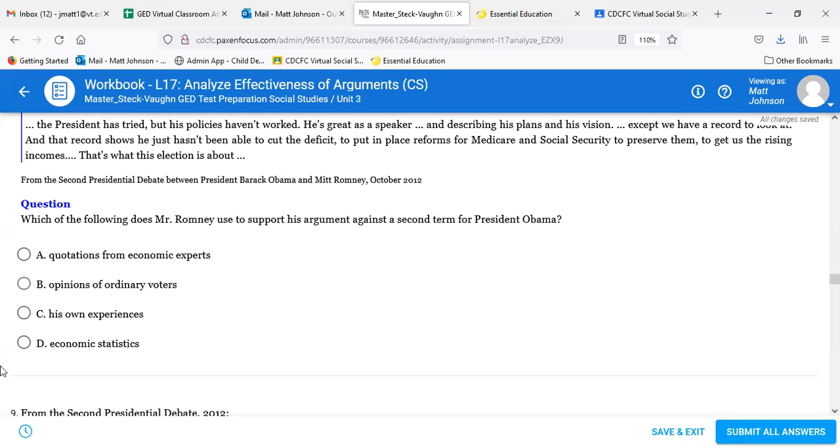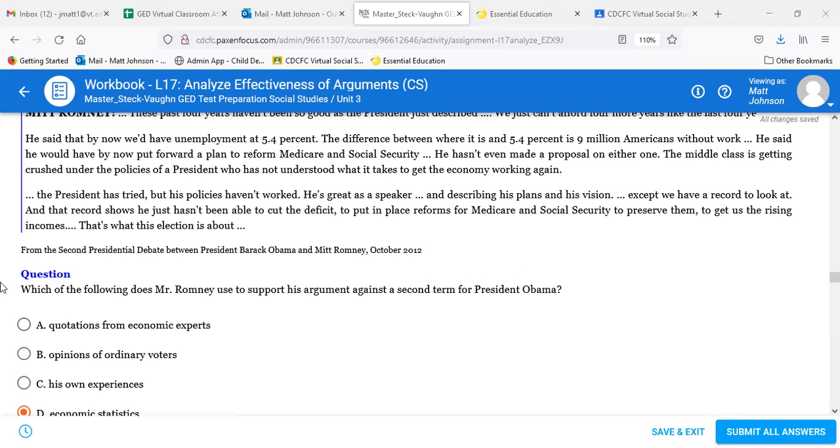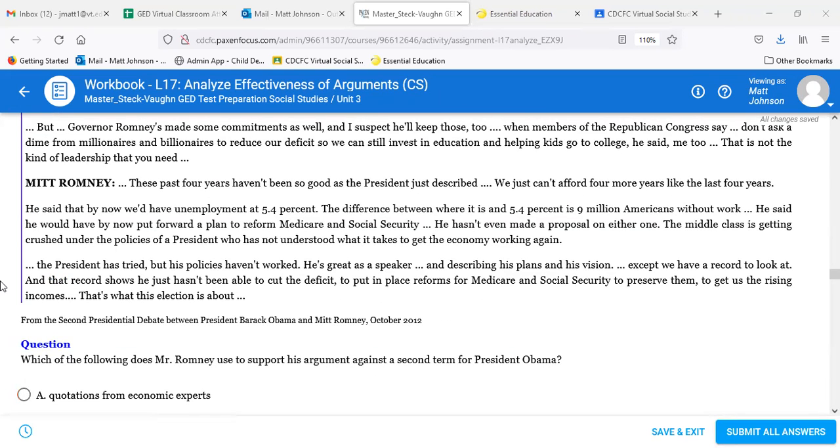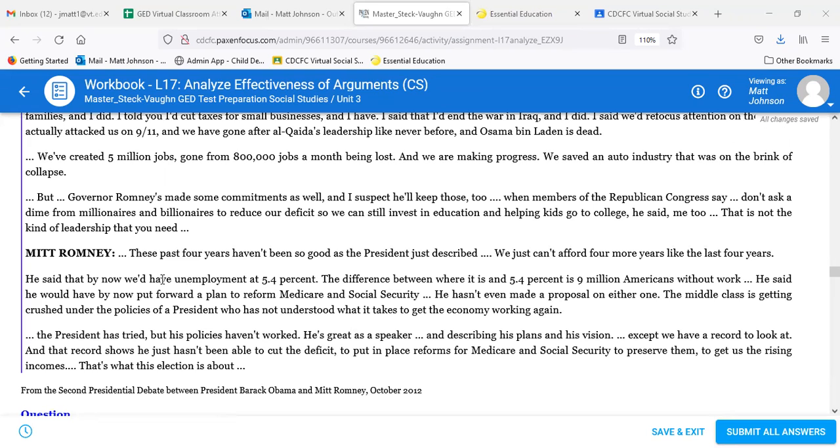D. Yeah, he does have some statistics there related to the unemployment. That's really what he's going for there in that second paragraph, right? Pointing to where President Obama wanted to have unemployment, and stating that he hasn't reached it, and has some numbers.